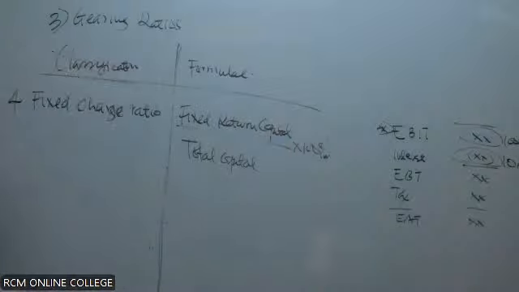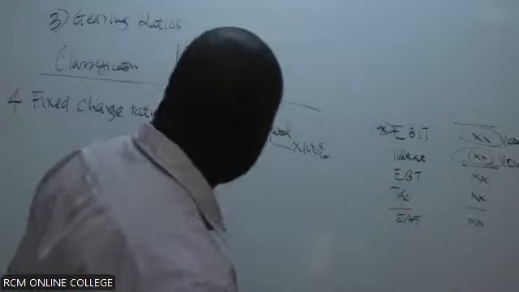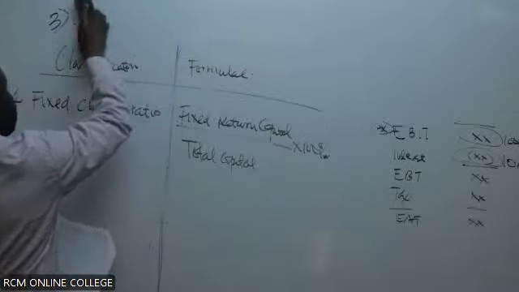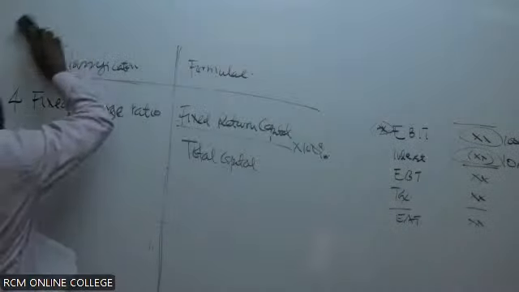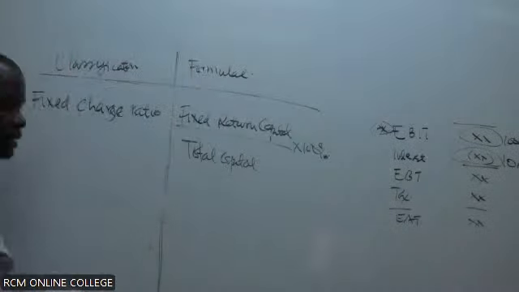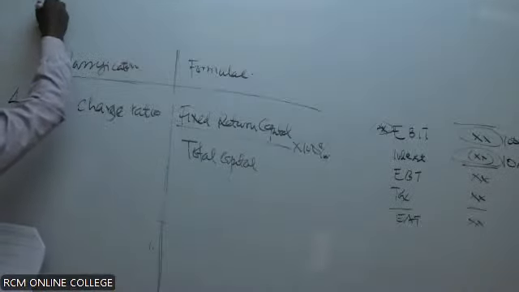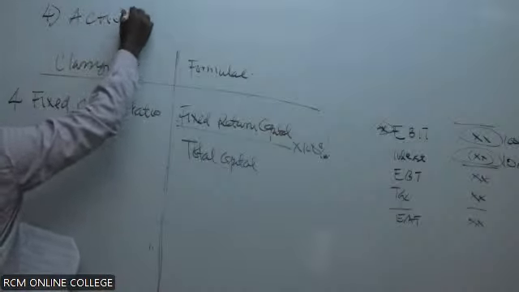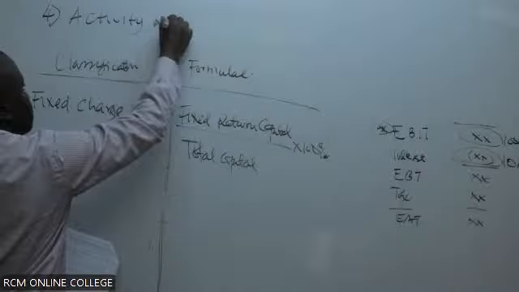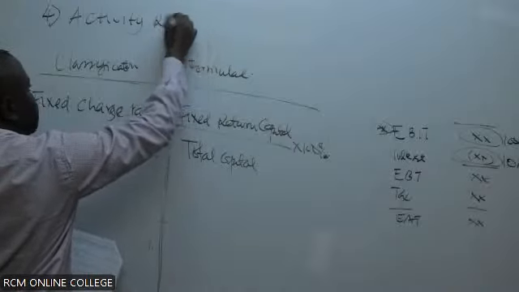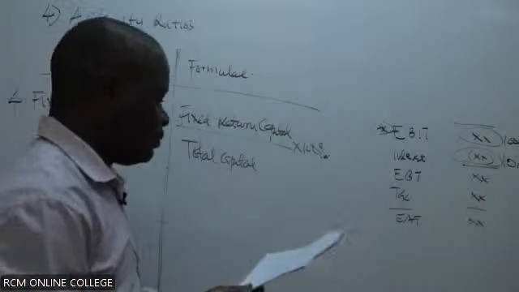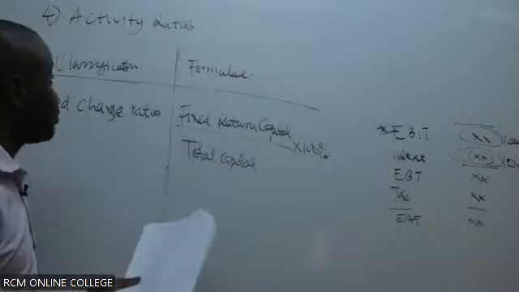So you can now look at category number 4, activity ratios. We can look at activity ratios, or sometimes we can refer to them as efficiency.